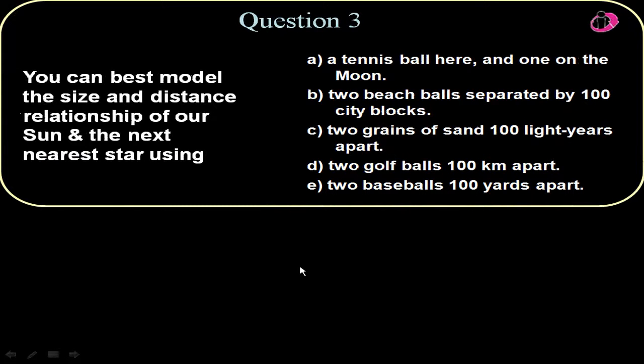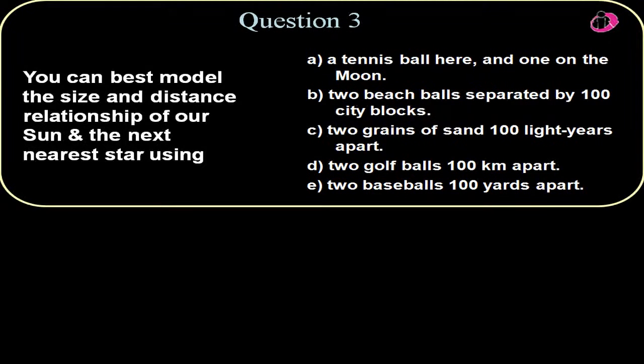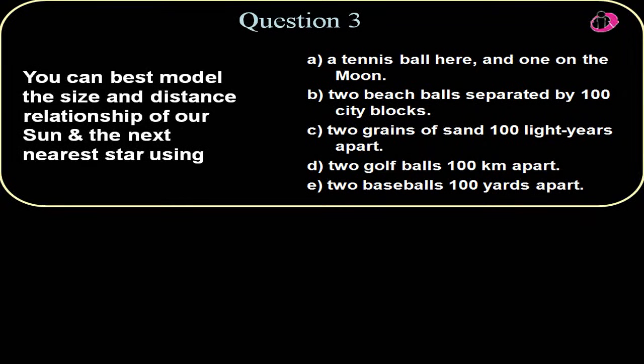Question 3. You can best model the size and distance relationship of our Sun and the next nearest star, which would be Proxima Centauri, using, well, the one I like to use is to say that the Earth and the Sun were a meter apart. Then the next nearest star, Proxima Centauri, would be down in Montgomery, which would be 270,000 meters away, or 270 kilometers away.